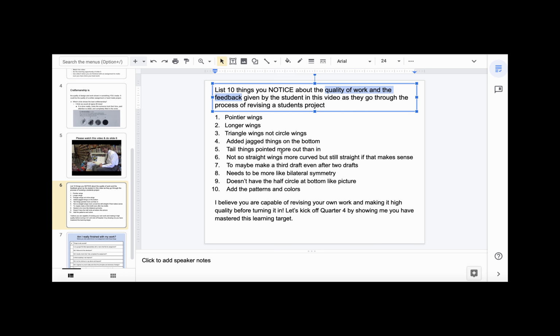The first six things listed here describe parts of the drawing, or they describe specific feedback by the students to give Austin a way to improve his drawing.